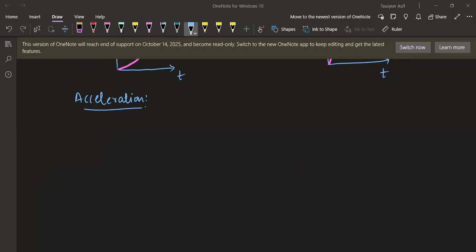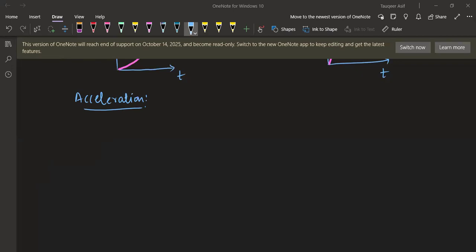Okay, so if the object is moving with the same speed and is not changing its speed, like a constant speed of 20 meters per second, do you think that the body is accelerating?